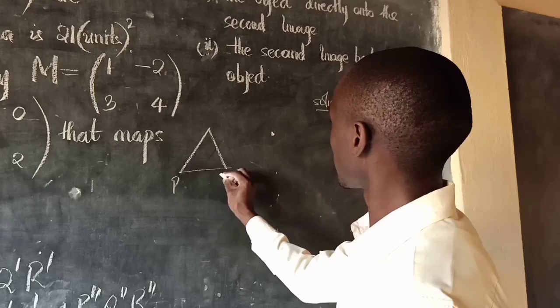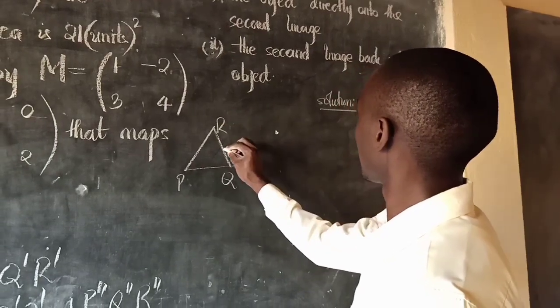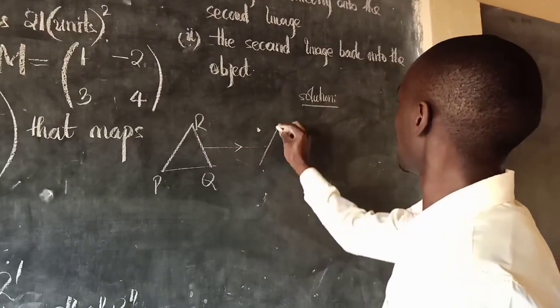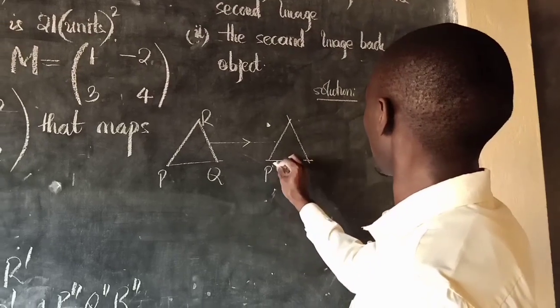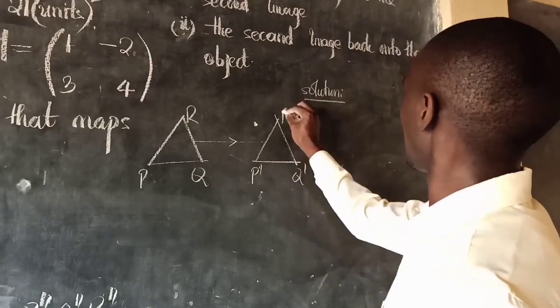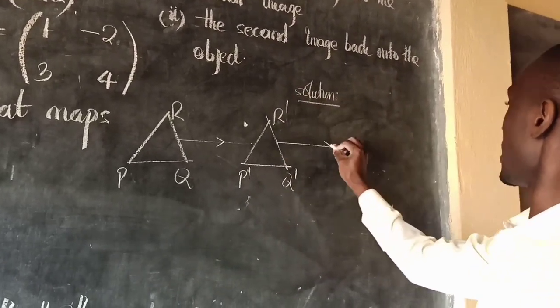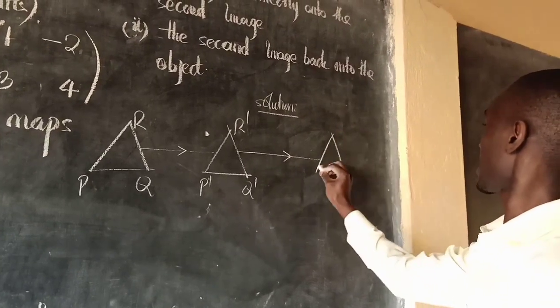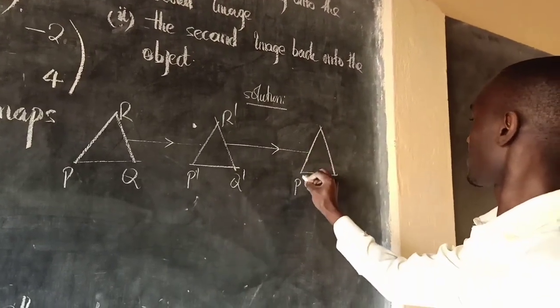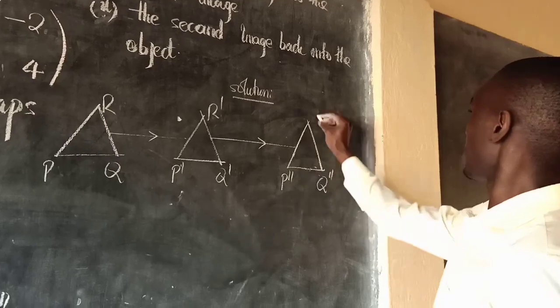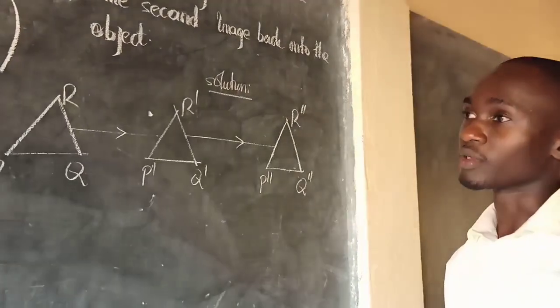The triangle is PQR. It's mapped onto the first image, P prime, Q prime, R prime, and then onto the second image, P double prime, Q double prime, R double prime.